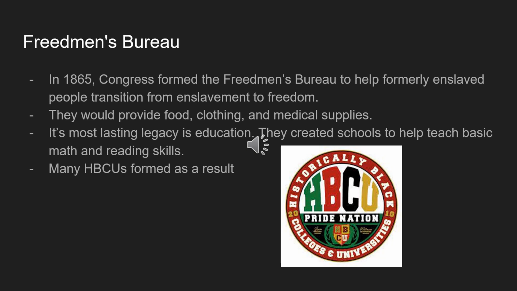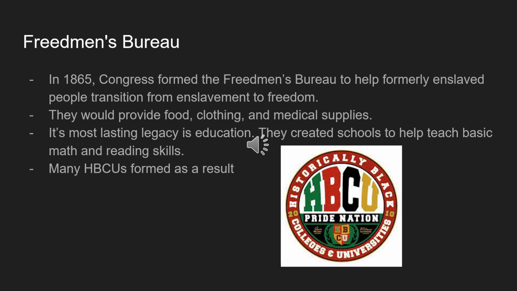So their existence prior, under slavery, obviously there were, I don't want to call it supports, but there were ways to be fed. There were ways to be housed. Your plantation owners would provide that.